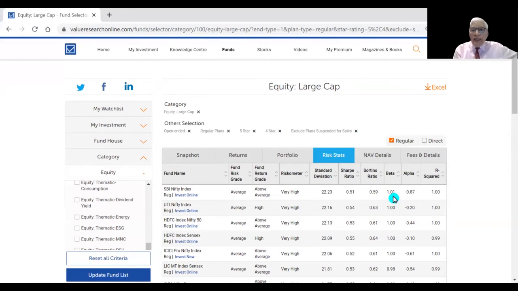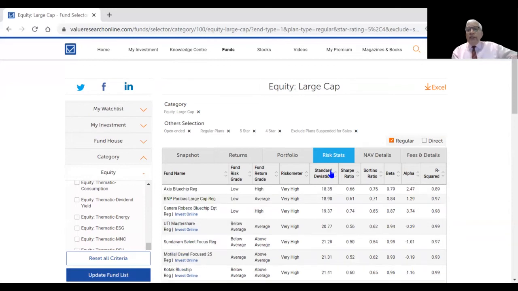Any Nifty index fund, particularly if it is an index fund, the beta will be close to 1. Beta is 1 here, 1 here, 1 here, 1 here. So these are all index funds. This is Nifty index, this is Nifty index, Sensex index, Nifty index, Sensex index. All these are having beta equal to 1.